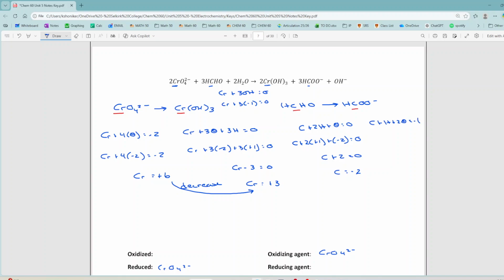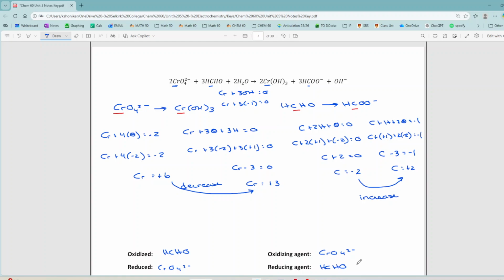So carbon plus that hydrogen is +1, plus each oxygen is -2 is equal to -1. That's going to give us carbon -3 is equal to -1, which would give me carbon of +2. And again, what we're looking at is that this is an increase in oxidation number, which means that the HCHO is oxidized and acting as the reducing agent.